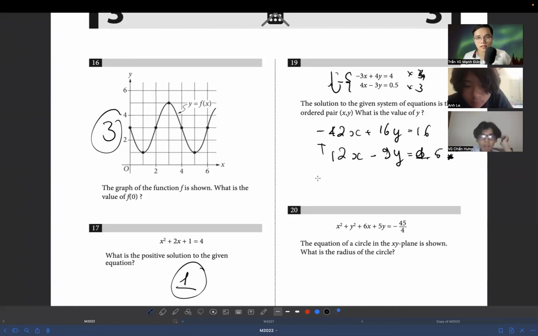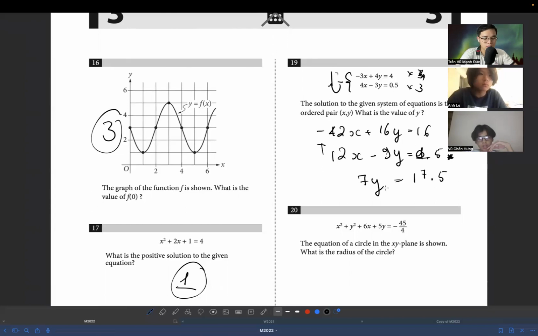So you just add the two sides up. You have 16 minus 9 is 7, and y is 7.5, right? So let's see, 7.5 divided by 7 is 2.5.